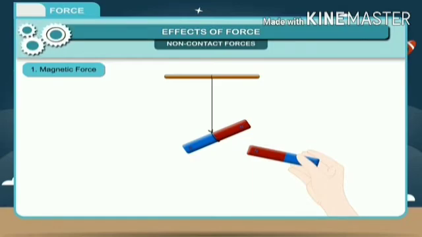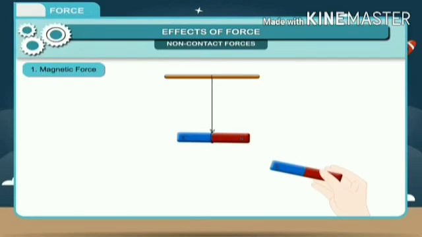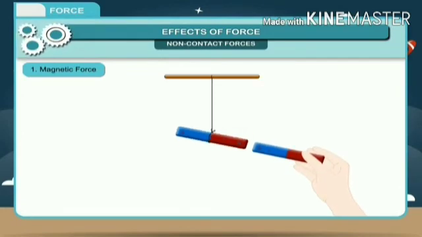What do you observe? You will see that the north pole of the hanging magnet repels or moves away. Now, bring the south pole of the magnet in the hand near the north pole of the hanging magnet. You will find that these opposite poles attract each other. That is, the north pole of the hanging magnet will come closer to the south pole of the magnet in hand.